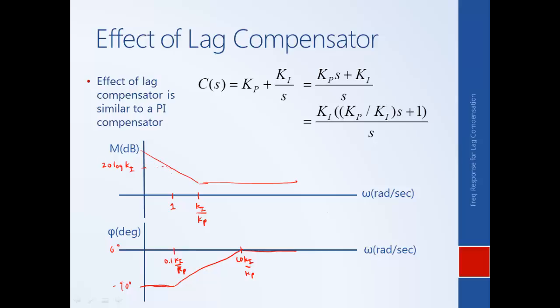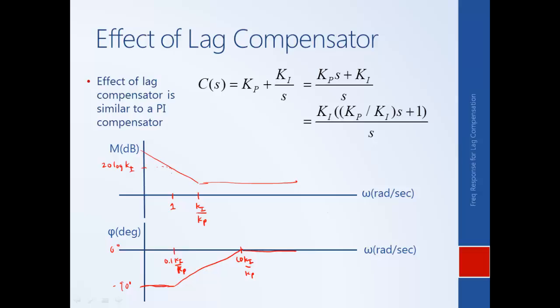With the phase, similarly, with the PI compensator, the phase goes to minus 90 degrees at low frequencies, but with a lag compensator, the phase would come back up to 0 degrees. And so they have very similar behavior in the sense that they tend to increase the magnitude at low frequencies without necessarily increasing the magnitude at high frequencies.